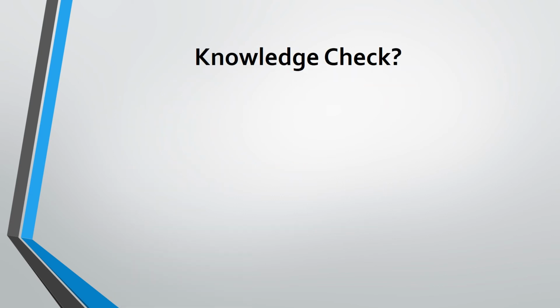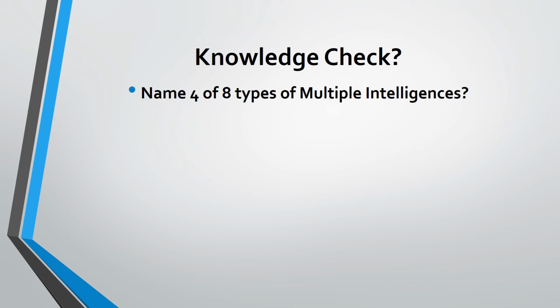Let's do a knowledge check. What I'd like you guys to do now is to name 4 of the 8 types of multiple intelligences. I'm going to give you guys, let's say, 20 seconds this time.